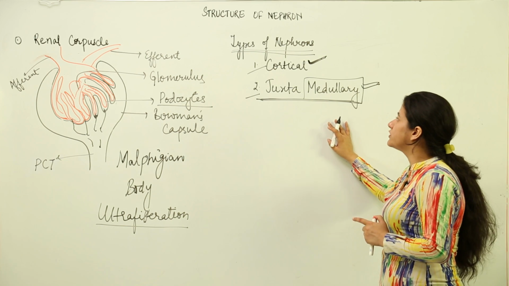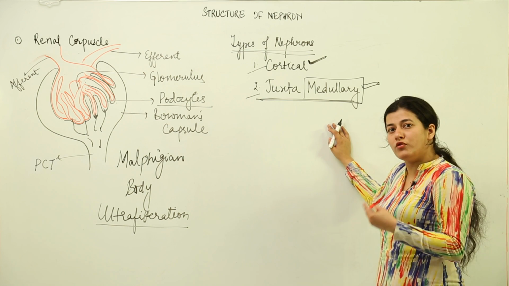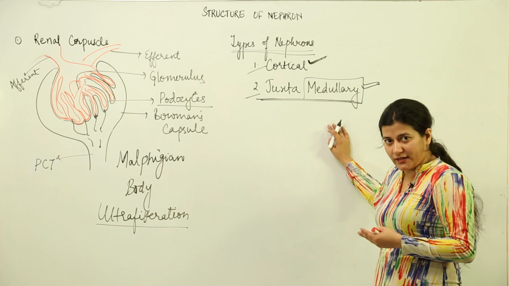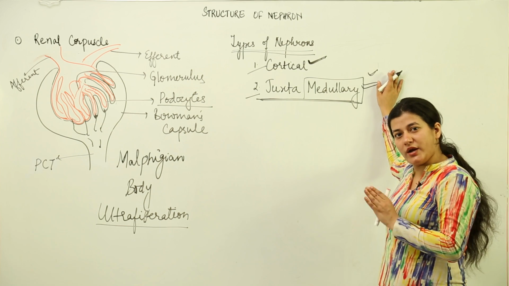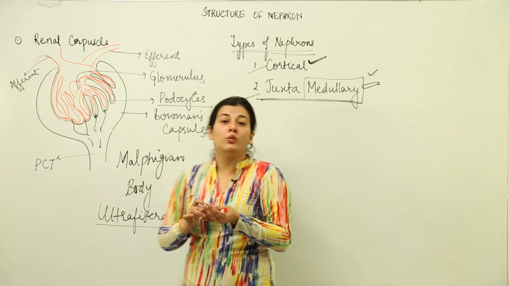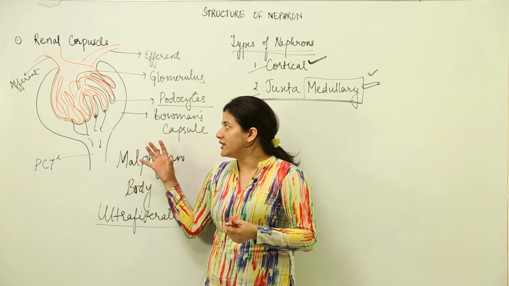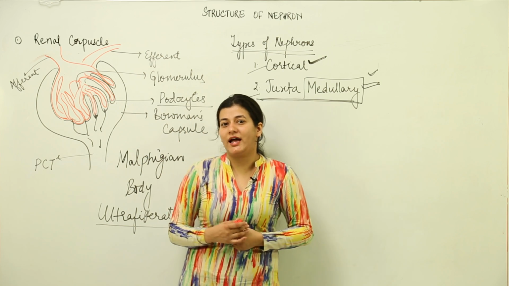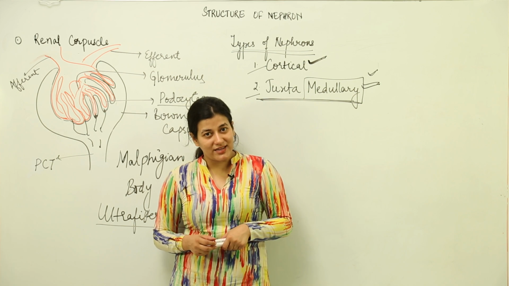While discussing the structure of nephron, we had discussed that longer is the loop of Henle, more would be the reabsorption of water that would be taking place. So in case of juxtamedullary nephrons, the loop of Henle is quite longer, and the mammals which are able to reabsorb maximum of the urine will have juxtamedullary nephrons. So, I hope these things are clear. These would help you in understanding in a better way how the mechanism of urine formation takes place inside the human body.